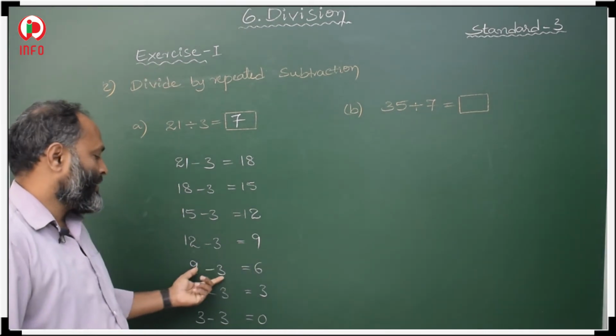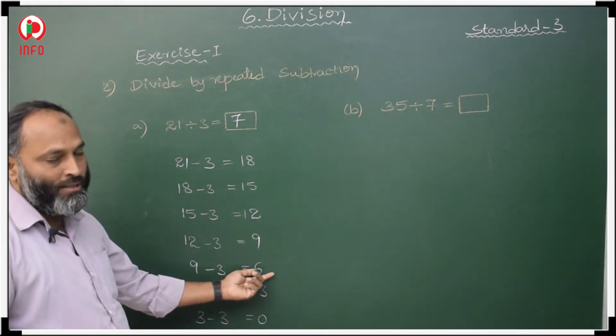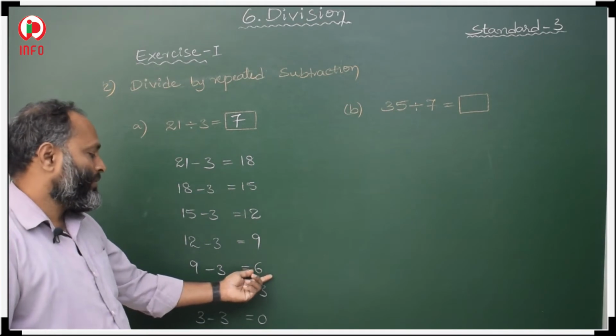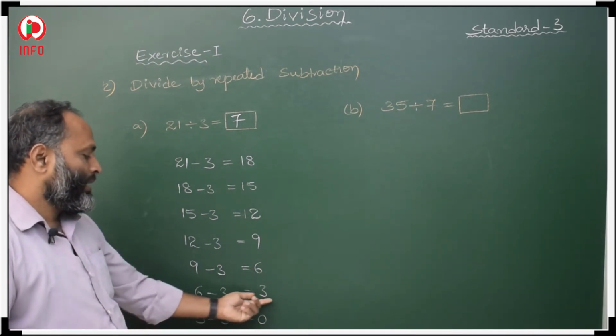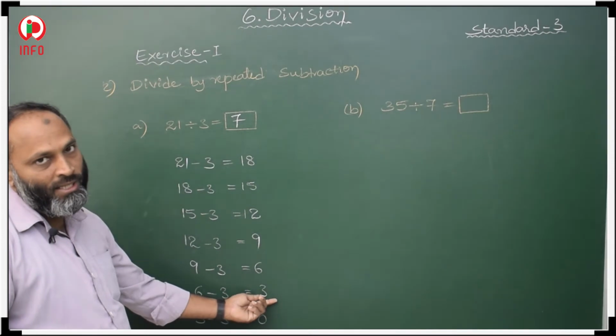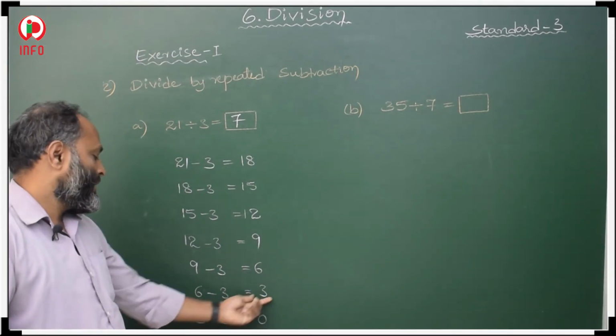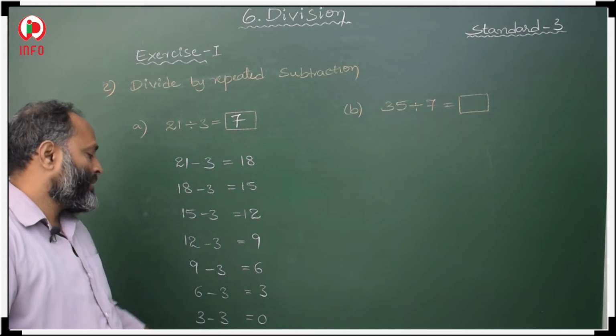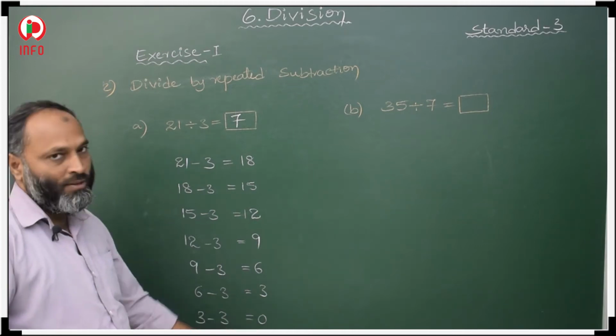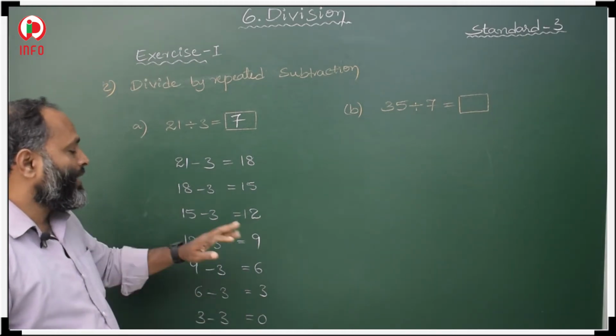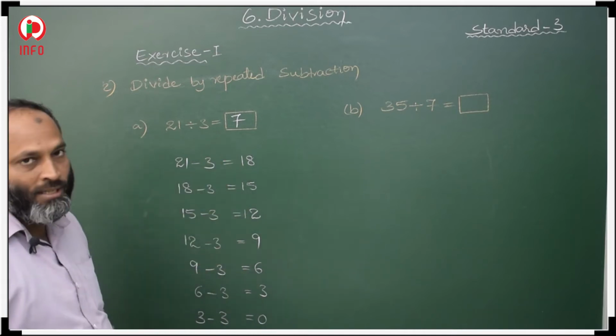Then difference minus 3 again, 6 is the difference in the fifth step. Fifth step difference minus 3 is 3. 3 is the difference in the sixth step. Then 3 minus 3, the sixth step difference minus 3, that is 0. In the seventh step we are getting 0, it means our answer is 7.